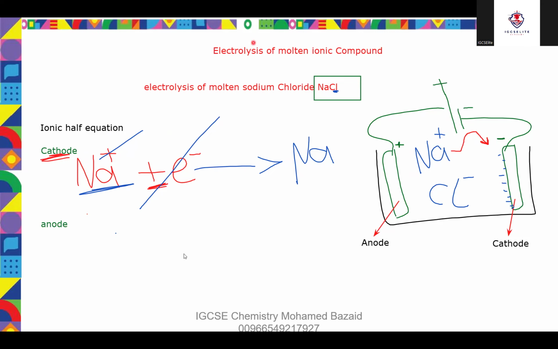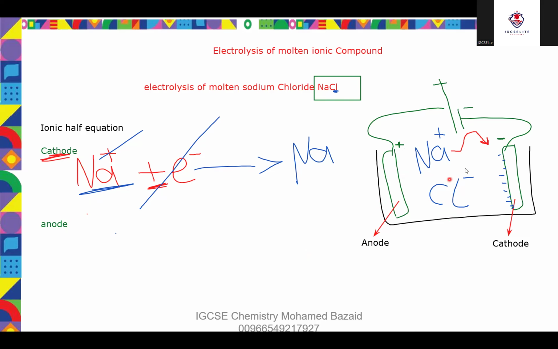Yes, Habiba. Cathode will attract the positive and the anode will attract the negative. So anode. Anode is a positive. Look, anode is a positive. Will attract what? Anode will attract Cl minus.